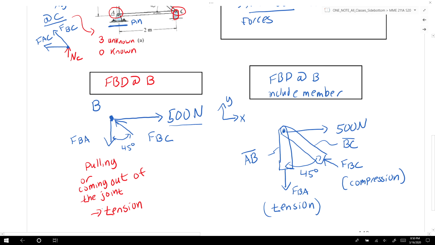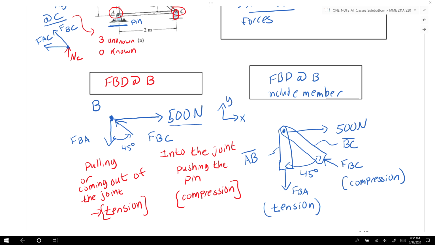While the forces that are going into the joint, or pushing the pin, we can consider those to be in compression. So using the free body diagram, you should be able to determine whether or not the member will be in tension or in compression.